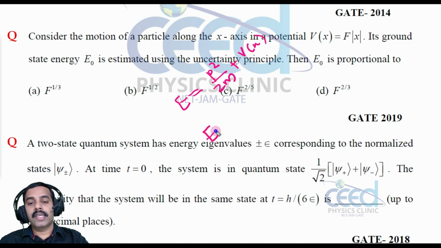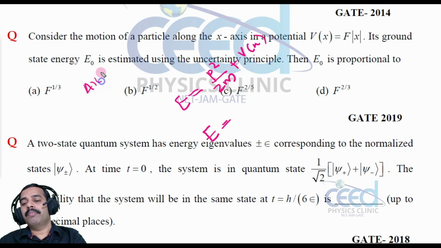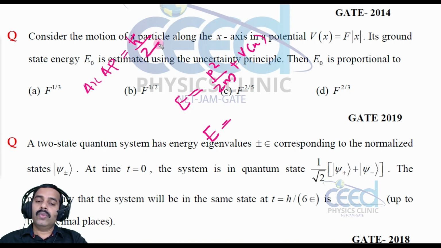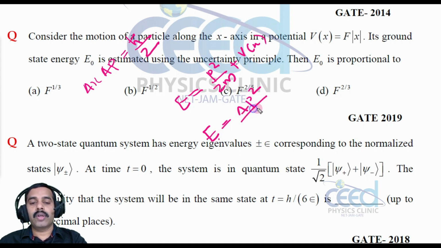We already have the relation delta x delta P is equal to h cross by 2. So we make a substitution, calculating from the uncertainty condition. E is equal to delta P square divided by 2m plus V of x, where the potential is equal to force into displacement.